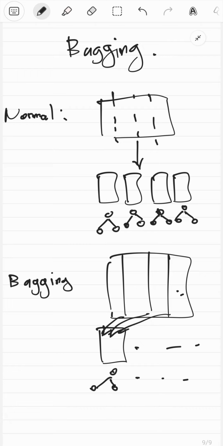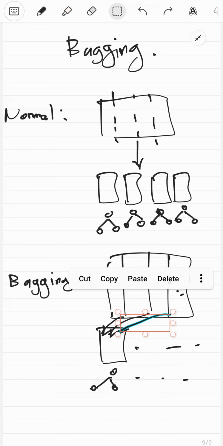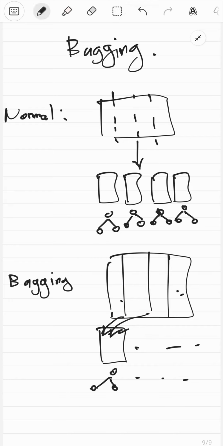So what's the benefit of doing this? I mean, this just looks really simple, right? So notice that here we are sampling from the big data set to create a new data set, and we're doing it with replacement, as in it could be that you have this third one being taken from the same data point again, right?